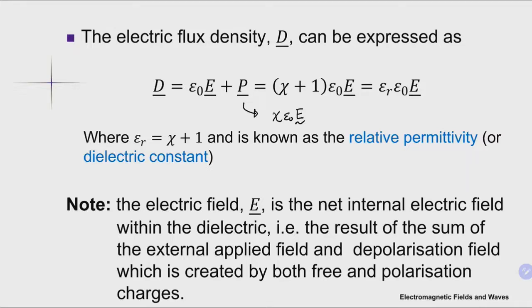So if we substitute that, epsilon naught E plus this, you can factor out epsilon naught E, and you end up with chi plus 1. This parameter is known as epsilon R. I'm sure you have come across that parameter. Epsilon R is the relative permittivity.